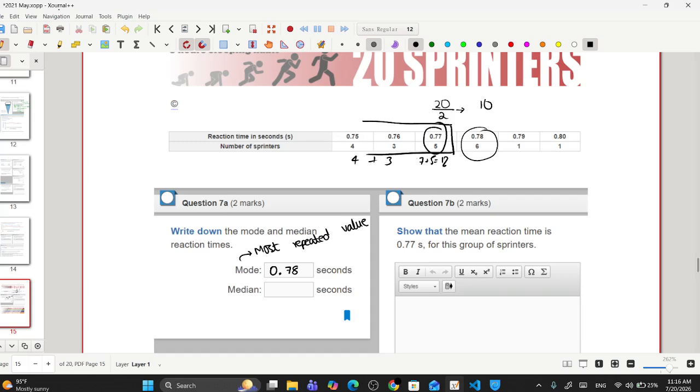If we add them all cumulatively, 4 plus 3 plus 5 becomes 12, and the 10th value lies here. So we will say that the median is going to be 0.77. All right, that's how it is going to work.